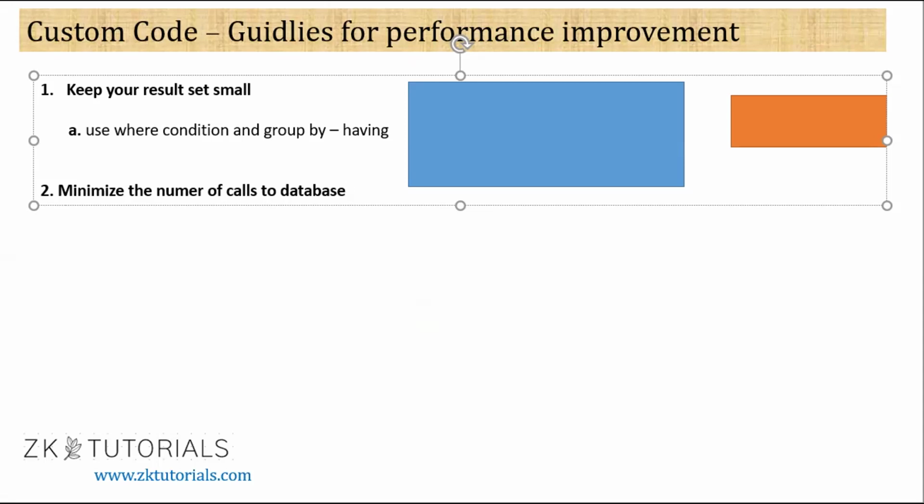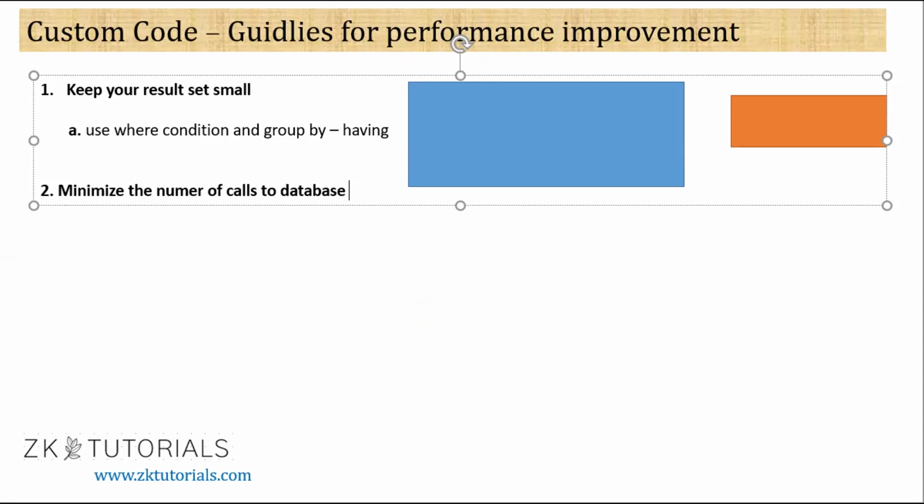For example, there is some report which hits the database again and again. This is going to disturb the database. It's going to increase the network load between the application layer and the database layer, because whenever you write a select query in the application layer, it goes to the database layer again.